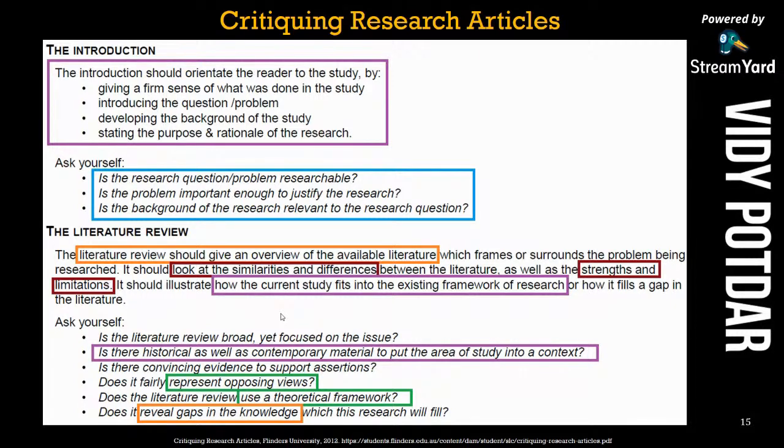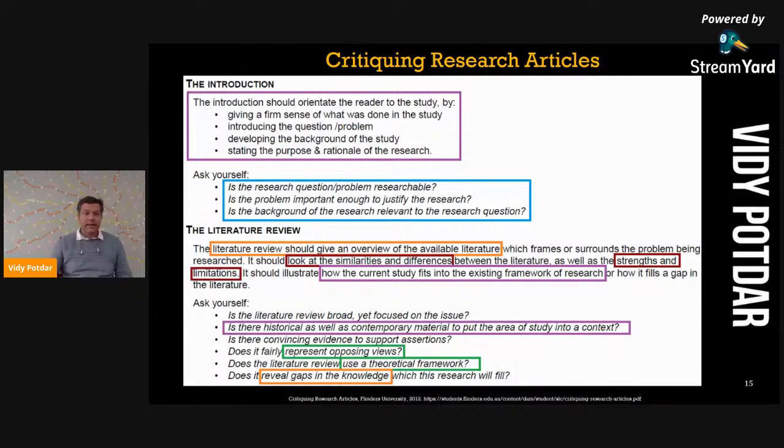In the end, what I normally like is that the last paragraph of the literature review in any empirical paper should conclude with a research gap. What is the gap in the research and how does your research fill that gap? That is what is required when you are doing a review of the literature.